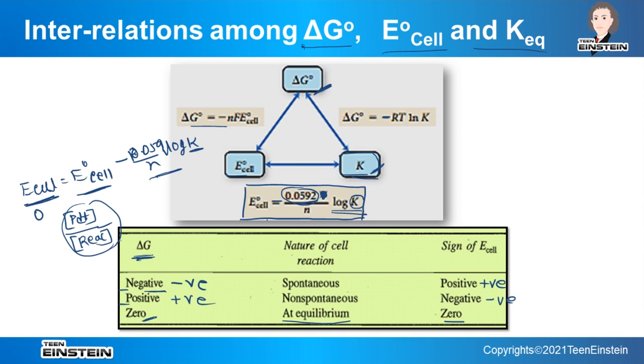It is simply a reaction quotient, that is the ratio of concentration of product divided by reactant. You can call it the equilibrium constant only when it is at equilibrium condition, and when it is at equilibrium condition, then E cell will be 0.